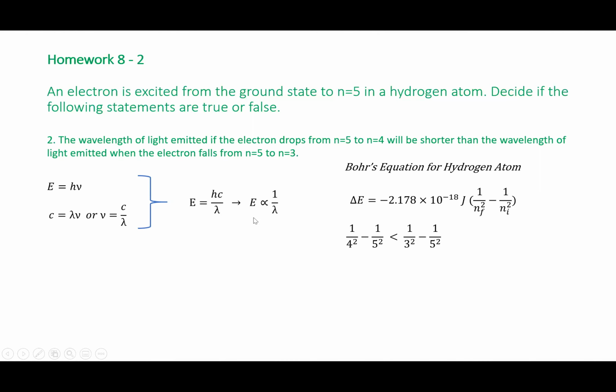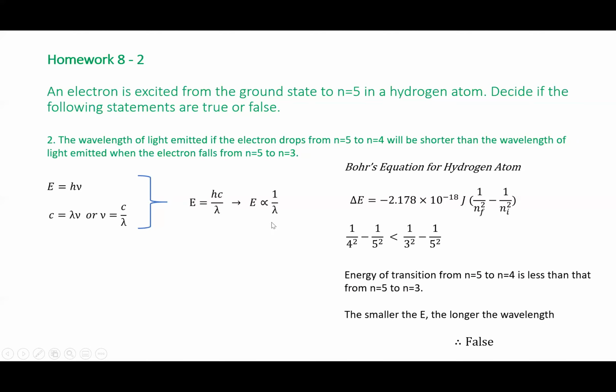So because your energy will be correspondingly similar, and we know that energy is proportional to 1 over lambda, we can determine that the energy of the transition from n equals 5 to n equals 4 is less than that from n equals 5 to n equals 3. So the smaller the energy, you'll have a longer wavelength, so the statement is false.